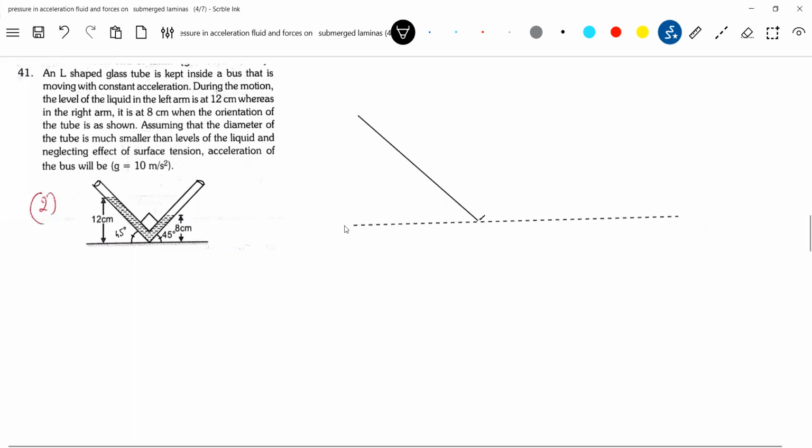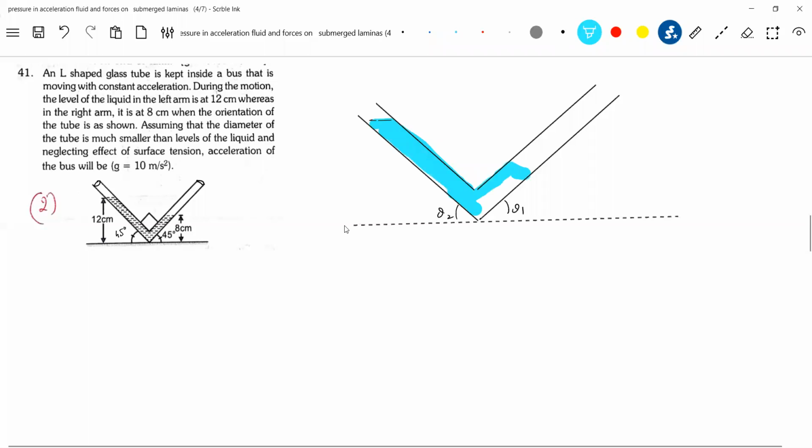That doesn't matter. If you want, I'll make it a more generalized discussion. Theta 1, theta 2. The level of liquid here is... This idea, again, you do have in SHM, no? It will get repeated.